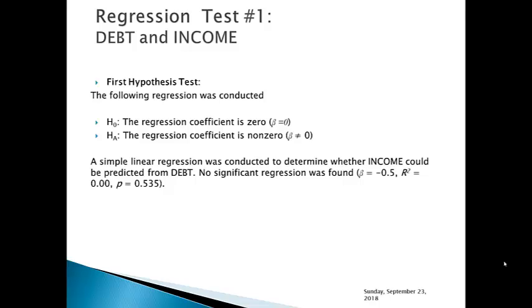A simple linear regression was conducted to determine whether income could be predicted from debt. However, no significant regression was found because beta was equal to minus 0.5, R squared was equal to 0.0, then p is equal to 0.535. So no significant regression was found.